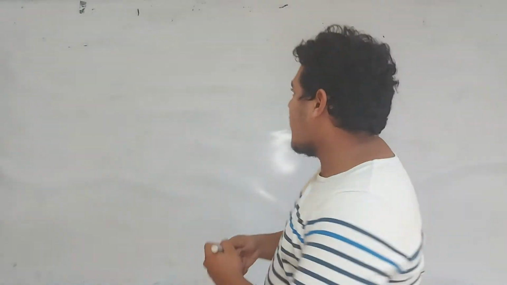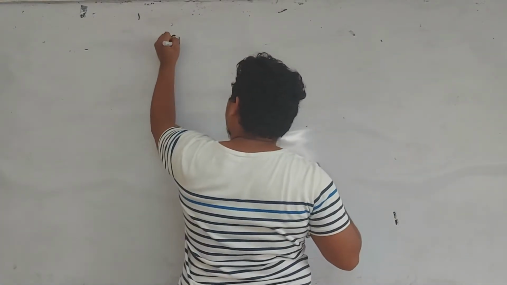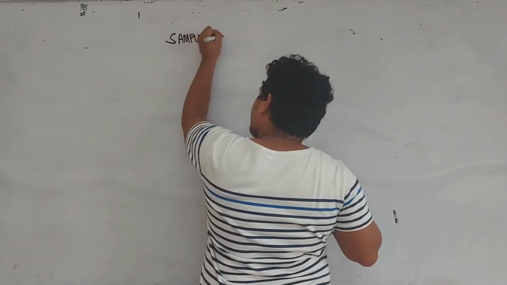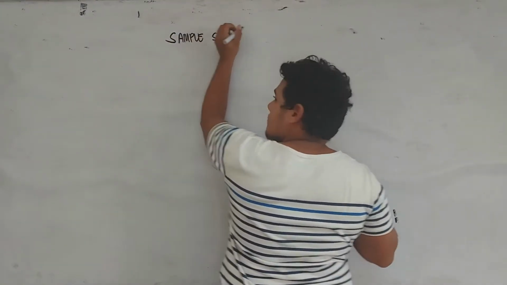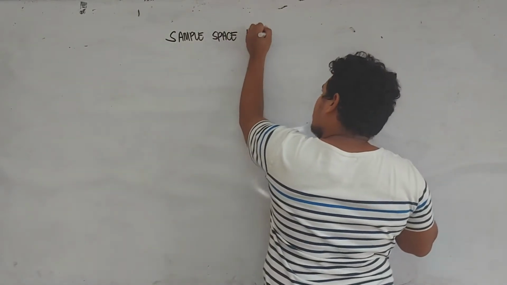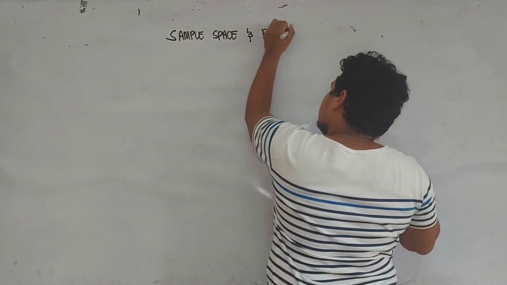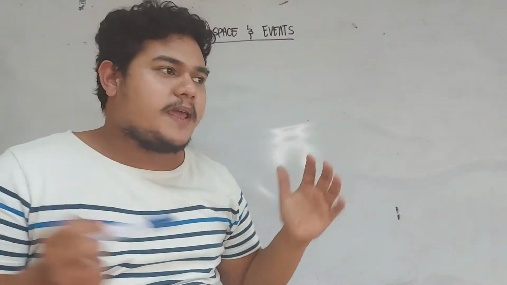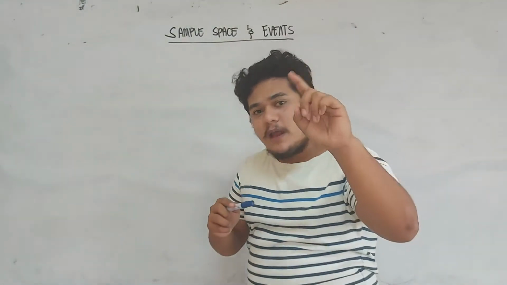Let's proceed with the last topic for chapter 1, that is sample space and events. Why are we talking about sampling? Because, first of all, I have two reasons.